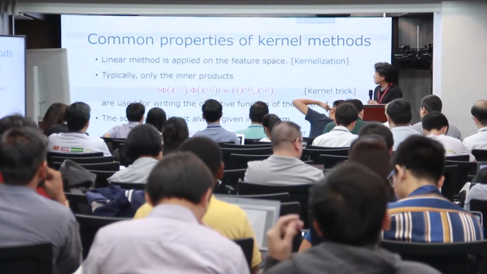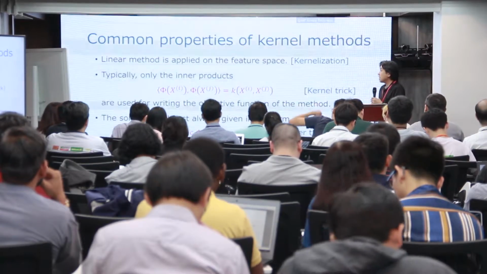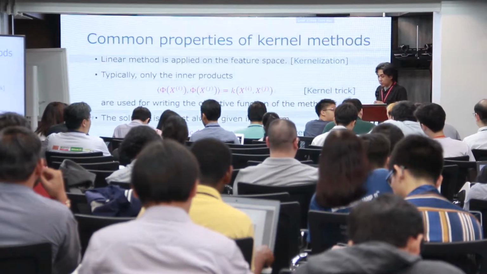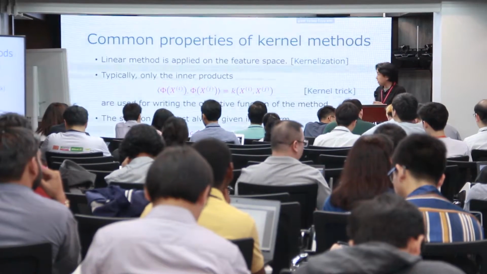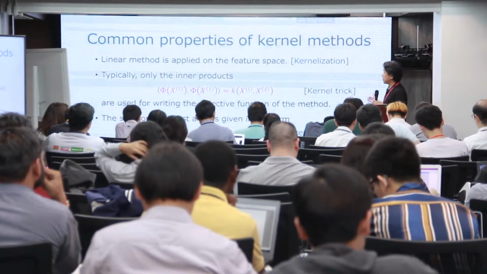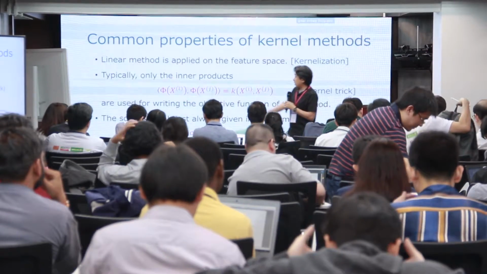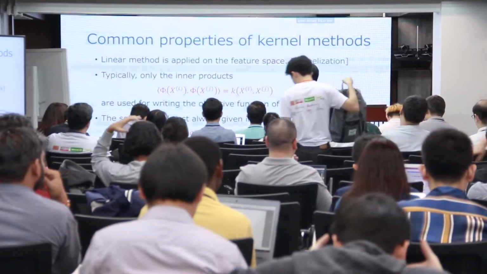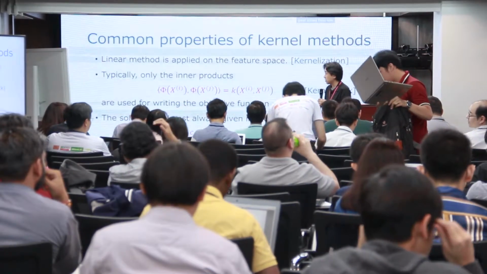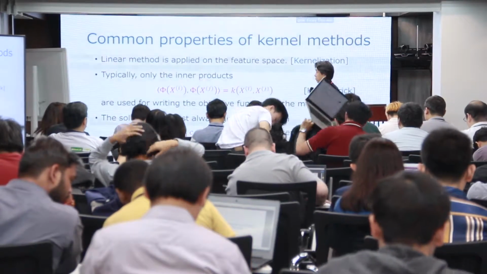So we have talked about the kernel method, and the kernel method is basically considering the linear statistical method on the feature space after mapping the data to the feature space by the feature mapping. And they are representing the feature vectors, and typically in many data analysis, what we need is their inner product, computation of the inner product. That's a very important part in many data analysis.